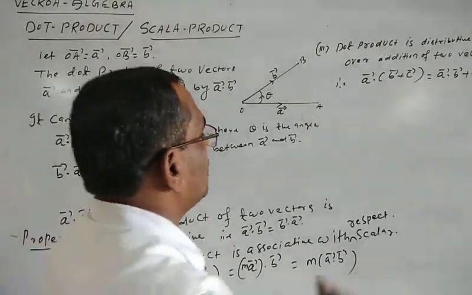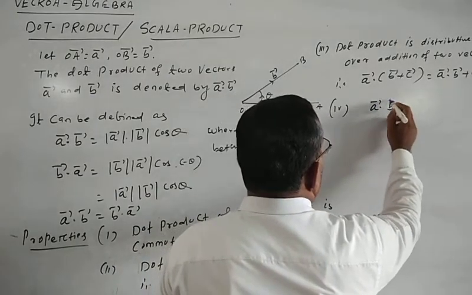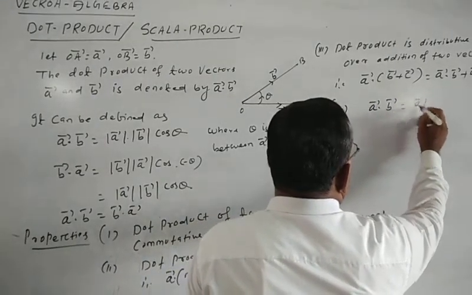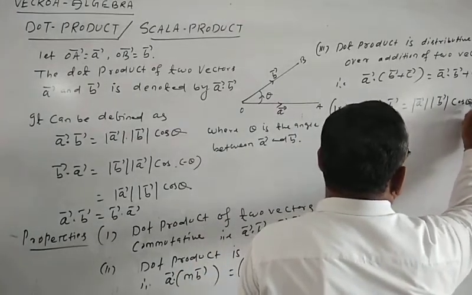And the fourth one: A vector dot B vector is equal to A vector magnitude B vector magnitude into cos theta.